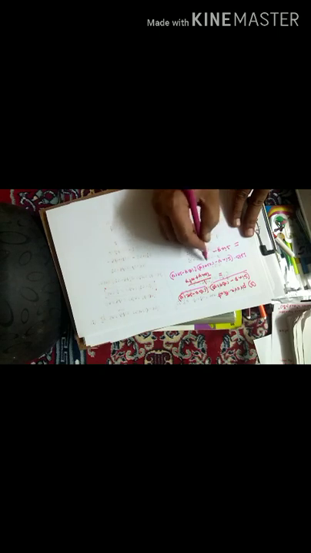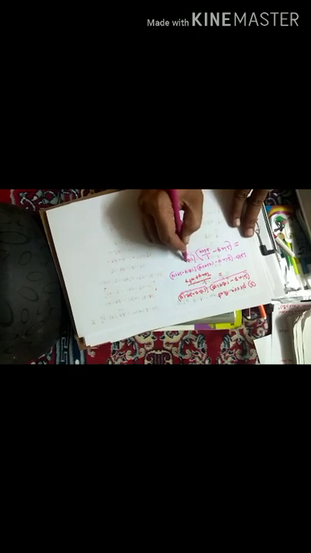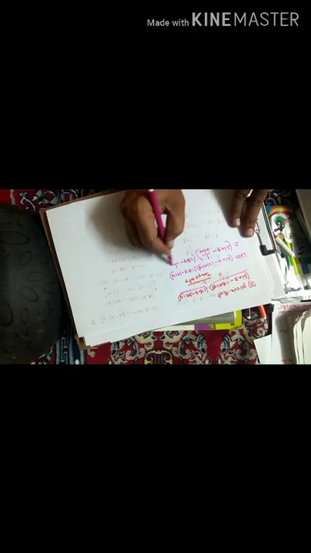We know that cosec theta is 1 by sin theta, and sec theta is 1 by cos theta. We'll go for the LCM. Sin theta into sin theta, sin square theta minus 1 by sin theta. Here also LCM, cos square theta minus 1 by cos theta.